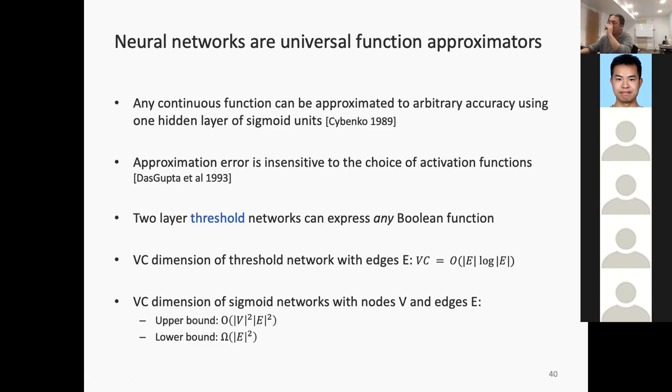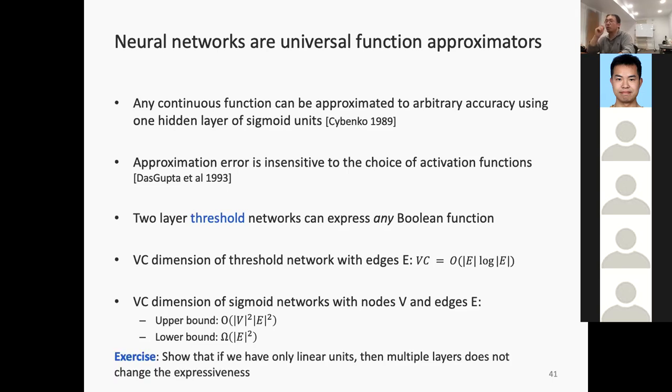But in the meantime, we know that the more expressive the model, the more easily it overfits the data. So this is another issue of the neural network. Although it's very powerful, at the same time, it's very easy to overfit to the training data. So people have developed a lot of methods to regularize the neural network to avoid overfitting.